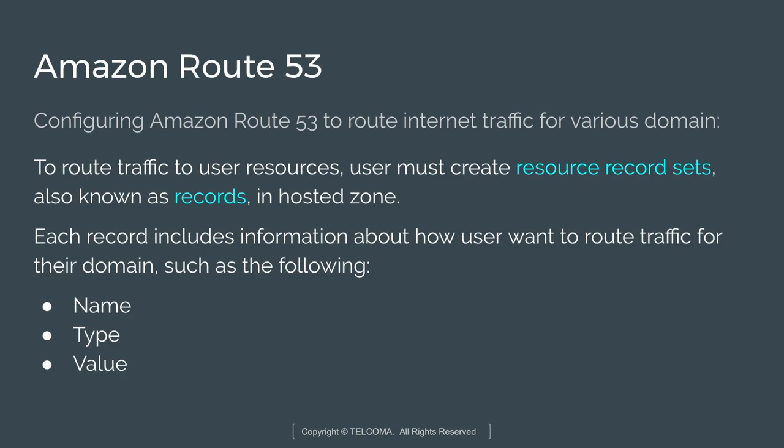Next we have type, which is the record type. The record type usually determines the type of resource that you want traffic to be routed to. For example, to route traffic to an email server, we specify MX for type.